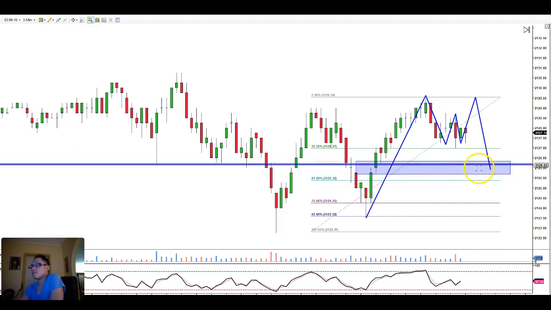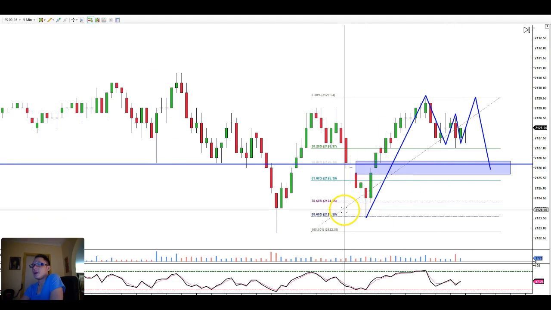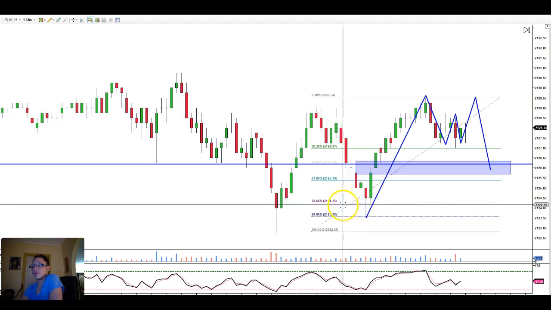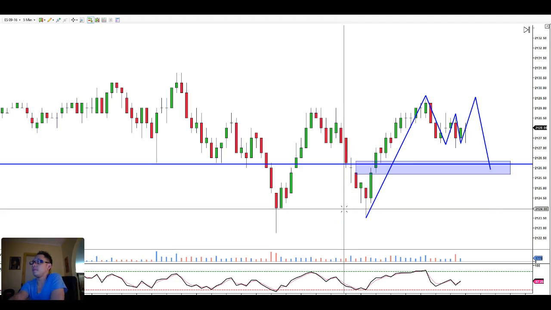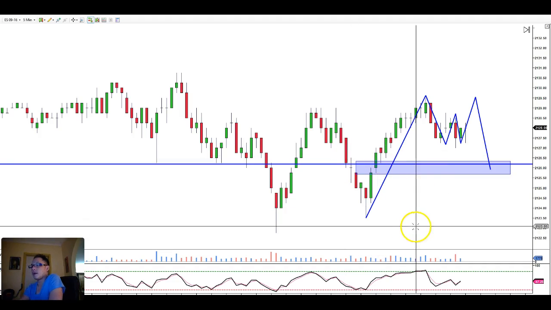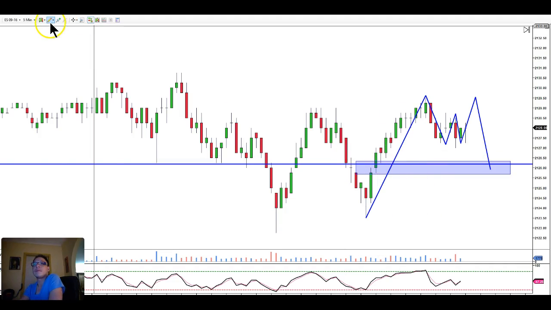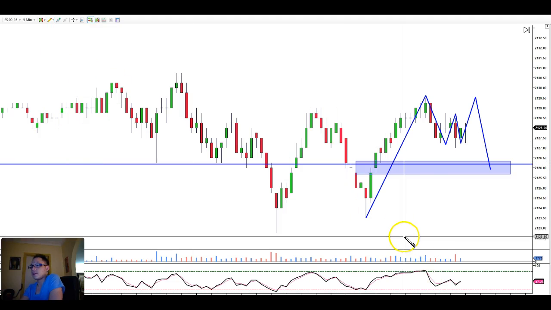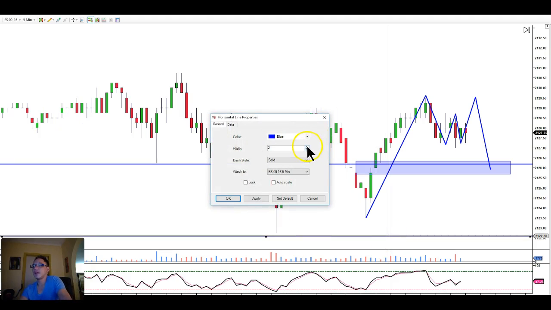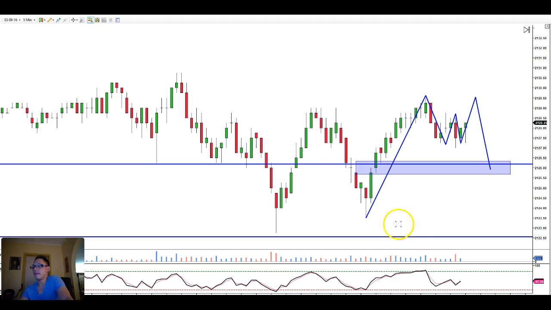I'll probably trade 2 contracts, seeing as this is really just a short-term trade. My stops will probably be about below here. Let's just say here, for example. I can't change the color for some reason.